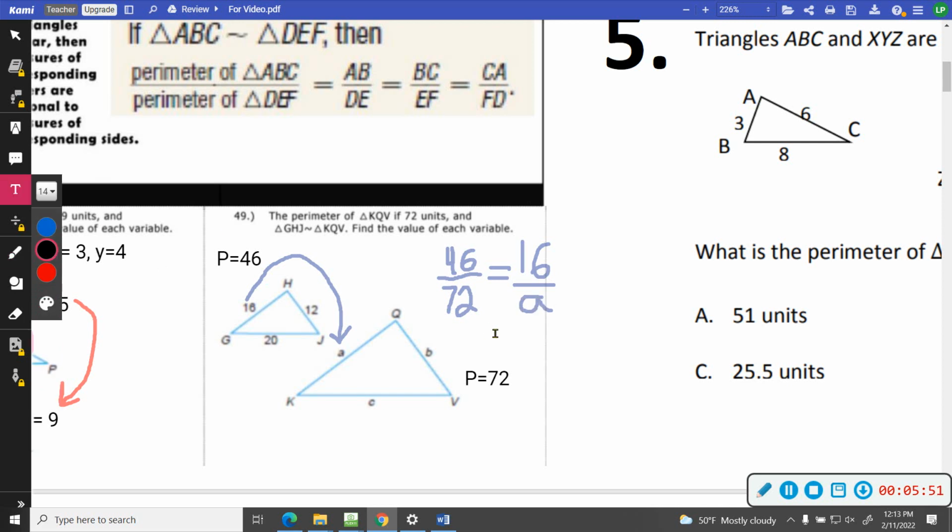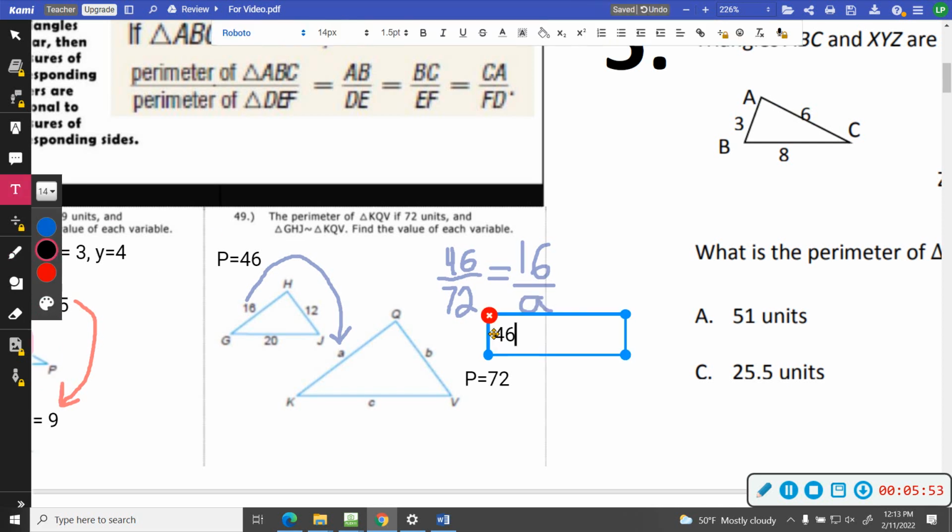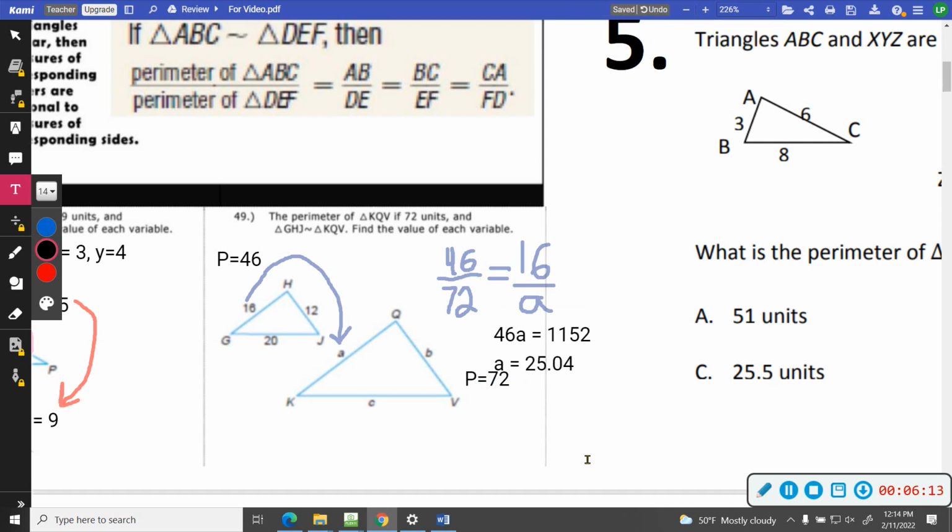Cross multiply, and you get 46A equals 16 times 72 is 1152. Take 1152 divided by 46, and you get 25.04. Anytime I get a decimal, I'm not saying it can't be a decimal, but I always like to check my work.